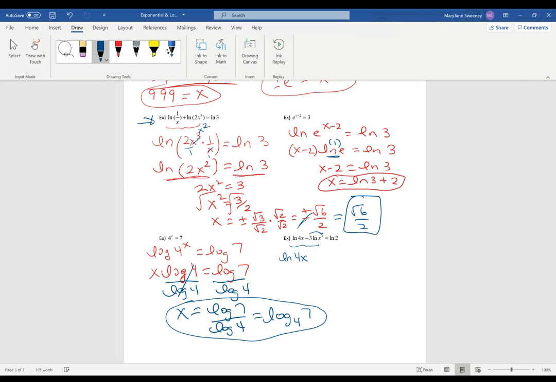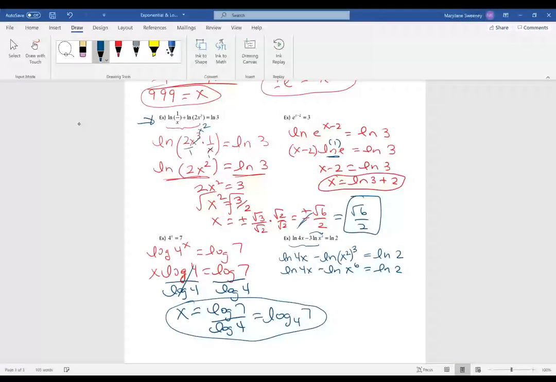This I have to reverse power rule. So this becomes minus ln of x squared to the third, which is ln 4x minus ln of x to the 6th.